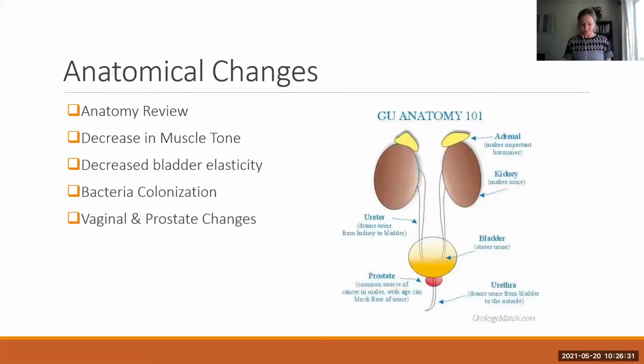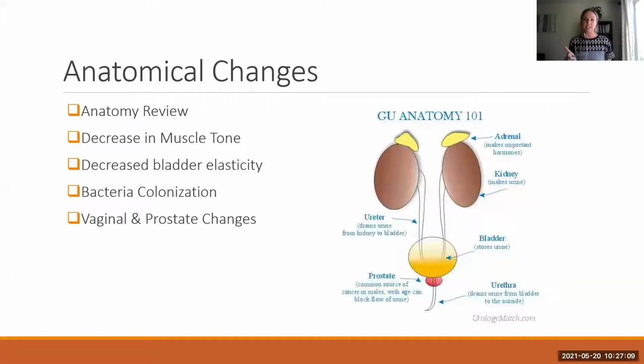Okay, and then I want to talk about the difference in the anatomy of men and women, and how those things can change your risk of issues. Number one, women have decreased estrogen as they get older. This can change the good bacteria that exists in the vagina. And if that's all changed as a result of estrogen, then that can result in infections that can invade into the urinary tract system.